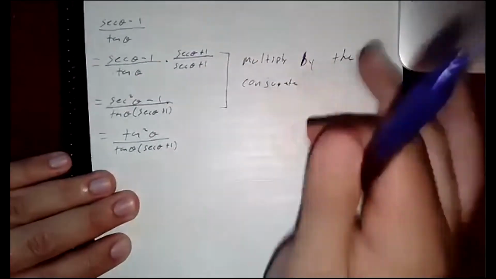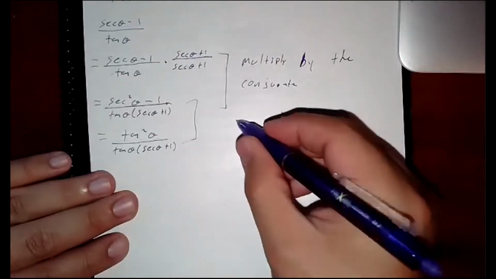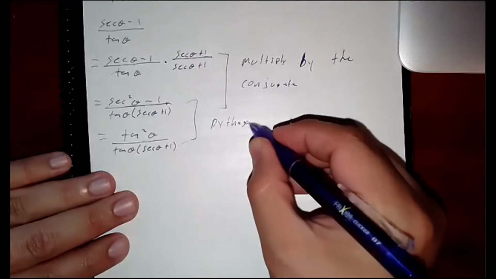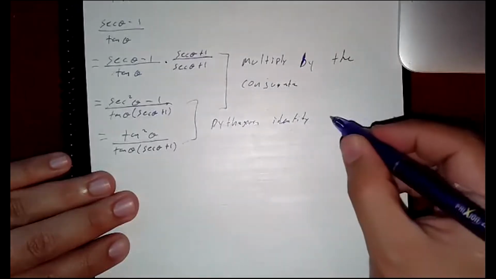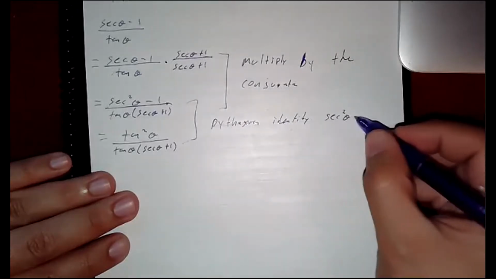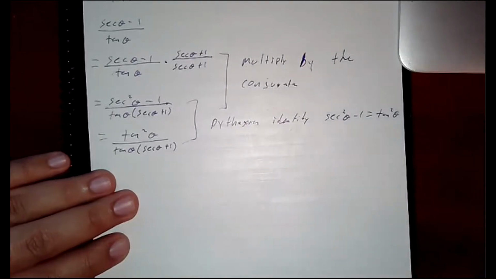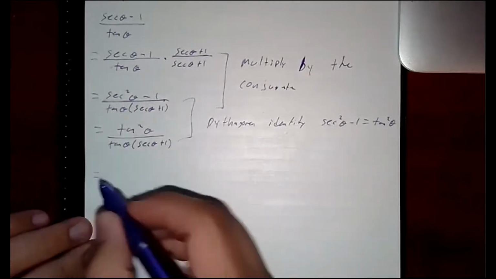So here to here, Pythagorean identity: secant squared theta minus 1 is equal to tangent squared theta. Okay. All right, so then we can cancel one of those tangents, right?